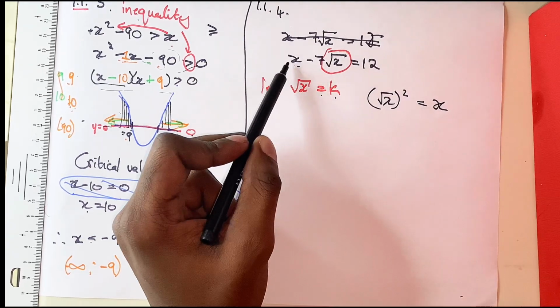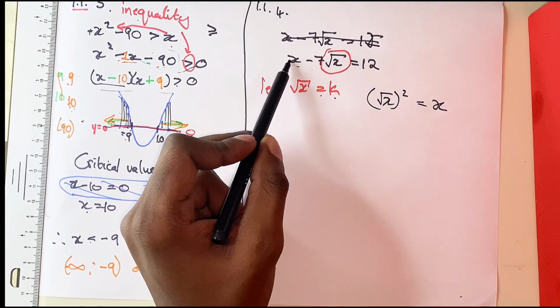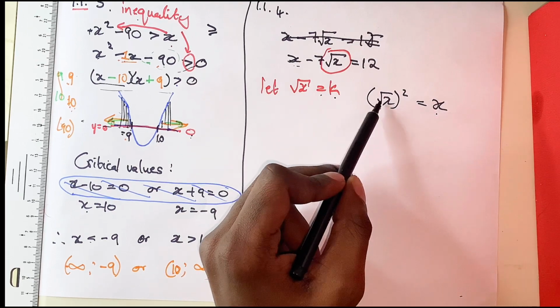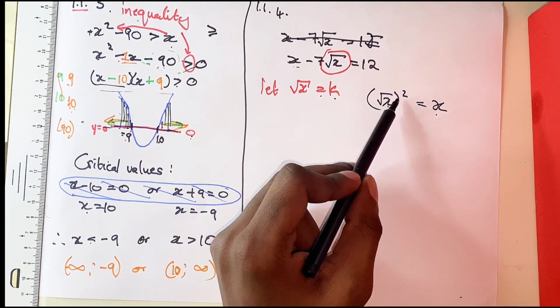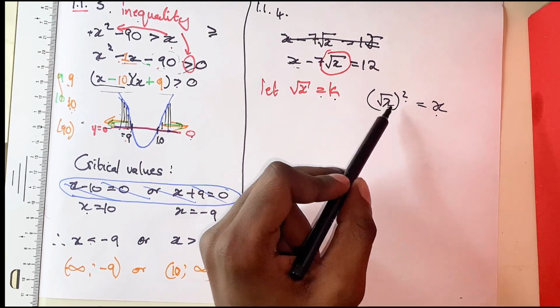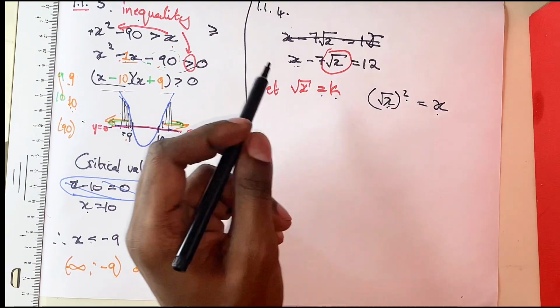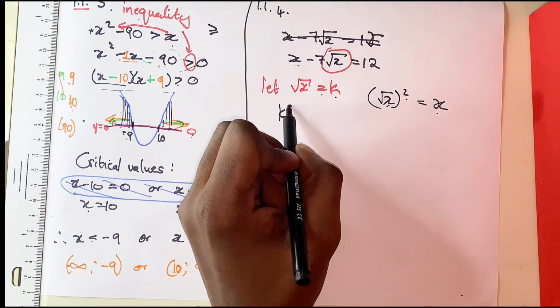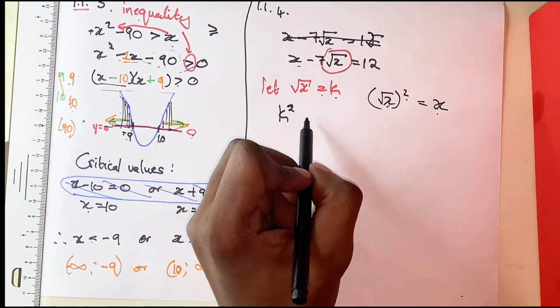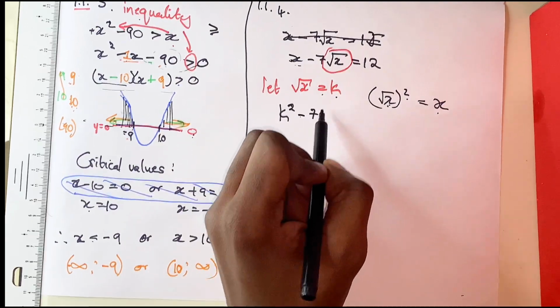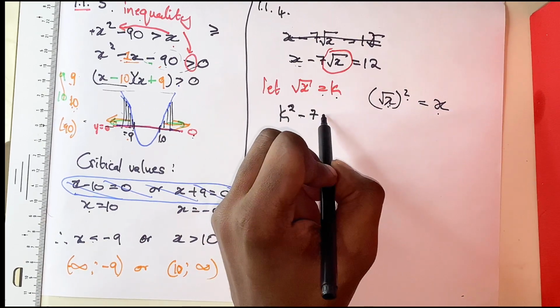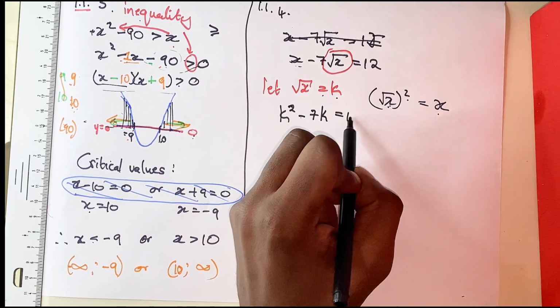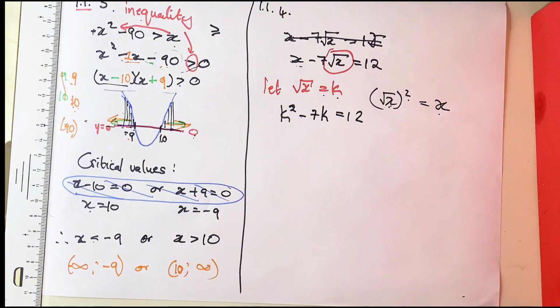So x is root of x squared. So if root of x is k, that means now for our x we will have k squared minus 7. Our root of x is now k, equal to 12.